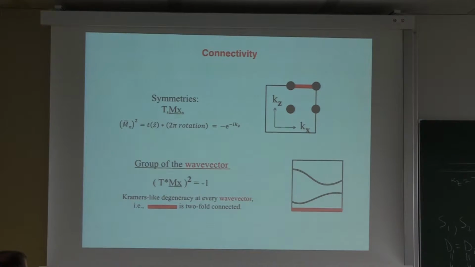And mx squared is, if I have a symmorphic group, I'm just rotating the spin, so I get minus 1. But my group now is non-symmorphic, so I get minus 1 times e to the i kz, just as before. And at kz equals pi, this is 1. So instead of this giving me 1, it now gives me minus 1.